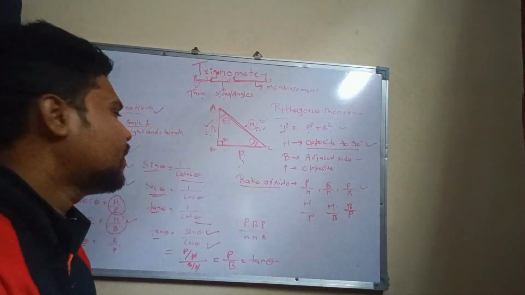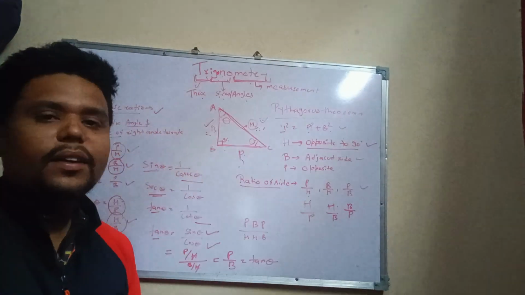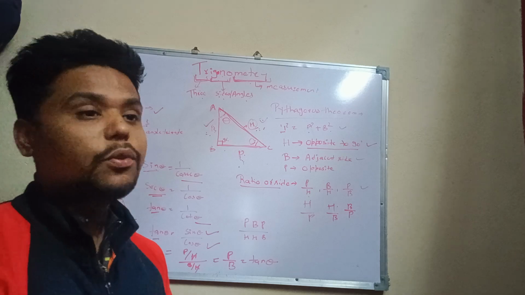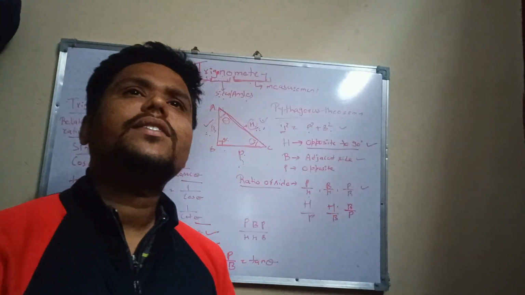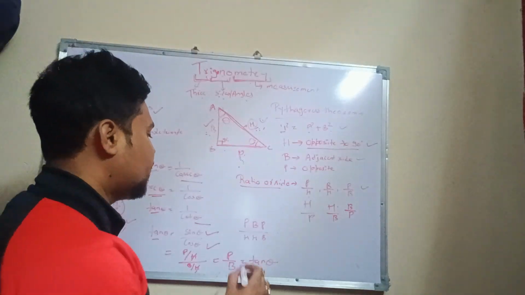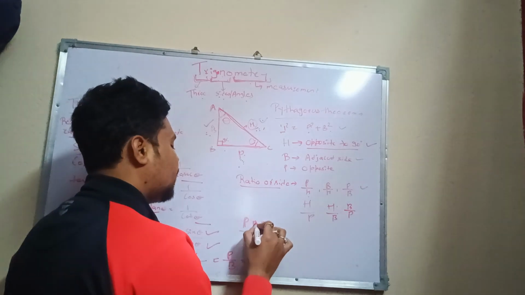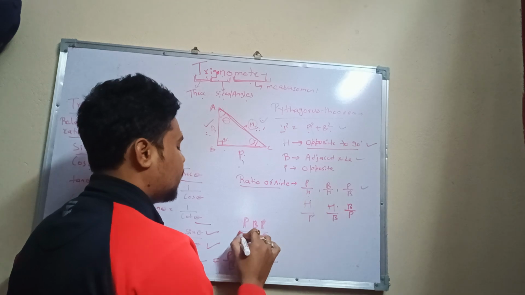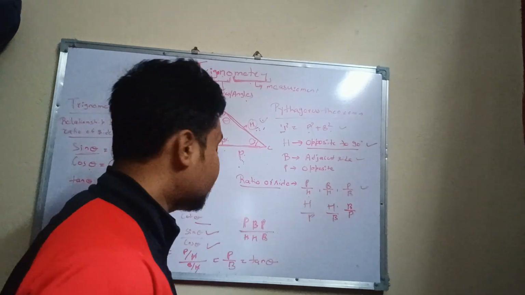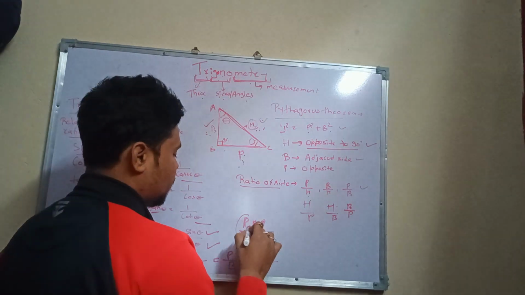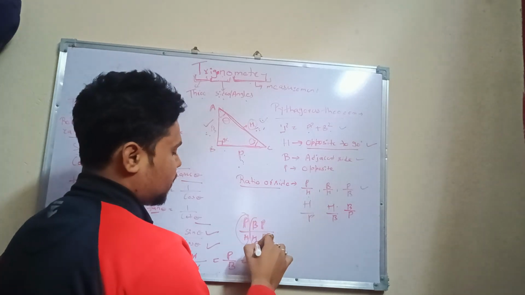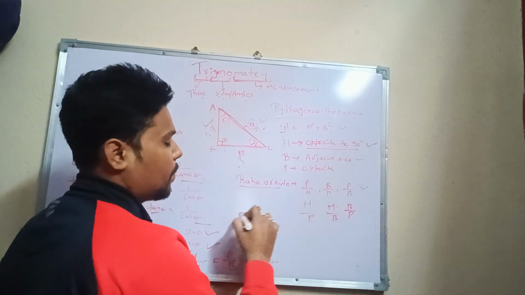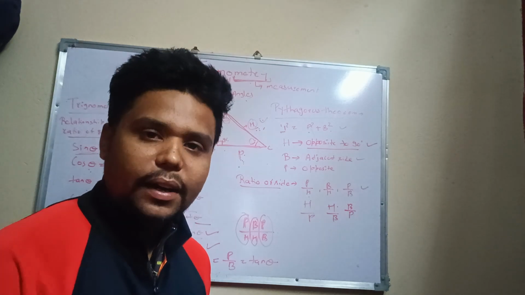Now you will say, sir, these are so many trigonometric ratios, how do we learn them? So there is a trick. We can write P, B, P, H, H, B. So sin theta will become perpendicular upon hypotenuse, cos theta is base upon hypotenuse, and P upon B, perpendicular upon base, is tan theta.